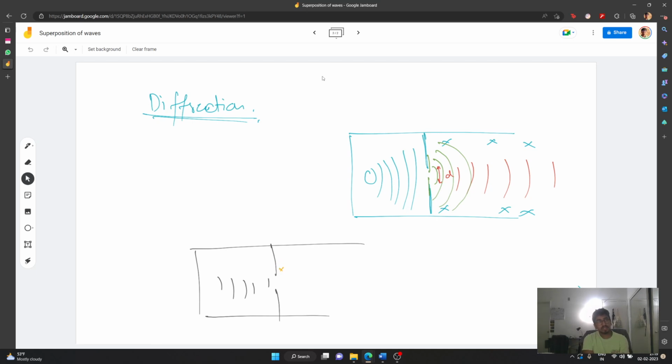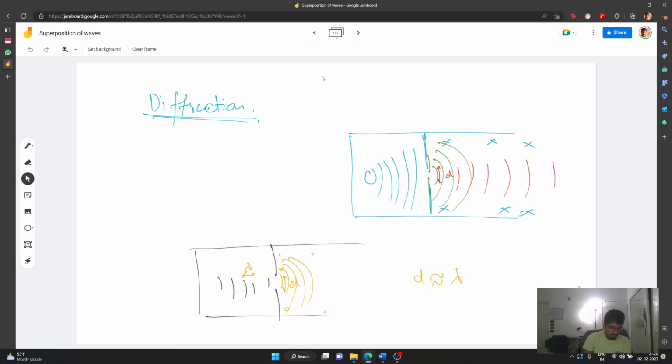Will you hear the person? And the answer is, you will hear if this D is comparable to the lambda here. So if this D is roughly on the order of lambda, then diffraction will happen, and the sound will spread everywhere.